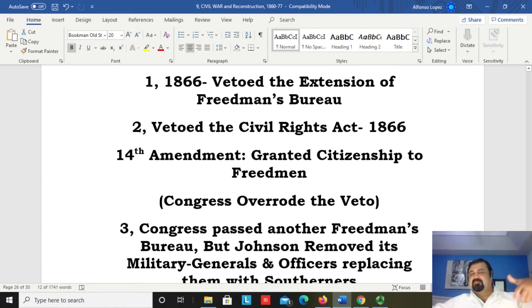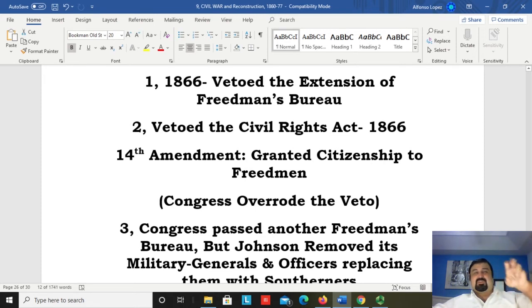So at that point, Congress, which is dominated by Republicans, understands what the game is. In other words, he's just going to veto everything we do. So what we need to do is override his veto. Okay, so presidential vetoes can be overridden, by the way, with a two-thirds majority in both the House and the Senate.